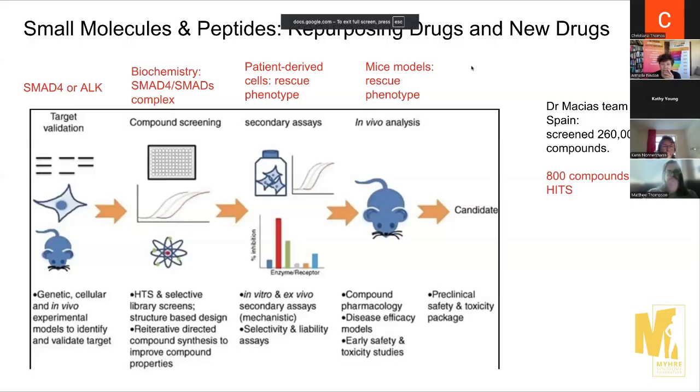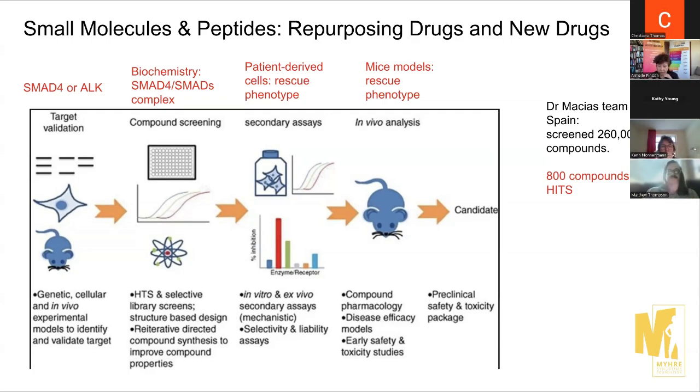So the next one is small molecules, so really traditional drugs. The team in Spain of Maria Macias, they screened 260,000 compounds, so molecules, on how SMAD4 can form the complex with SMAD2 and 3.